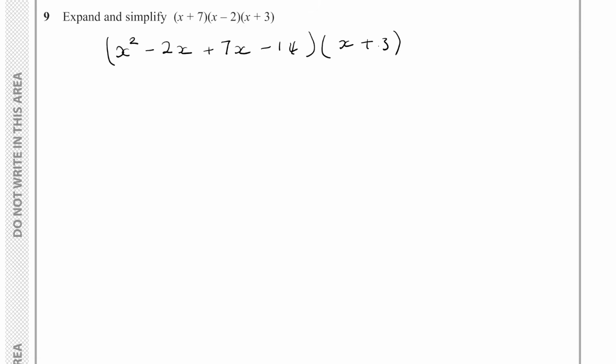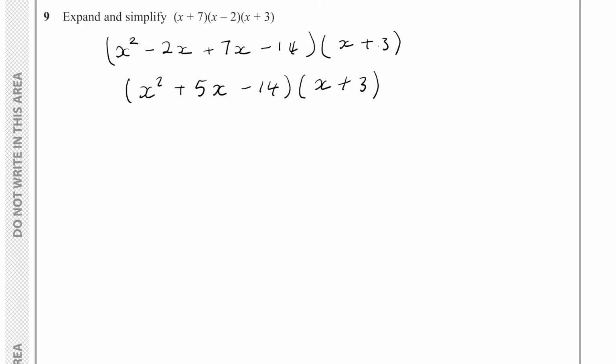So negative 2 plus 7 is 5. So we've got x squared plus 5x minus 14 times x plus 3. So now we're going to times it by the last bracket. So I'm going to do x squared times both the terms in the bracket, 5x times both the terms, then negative 14 times both of the terms in the second bracket.